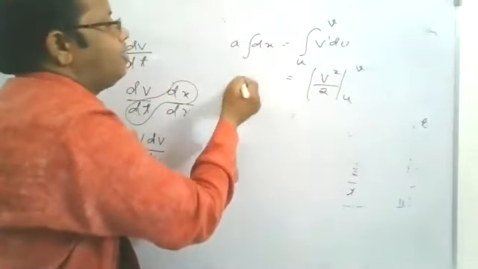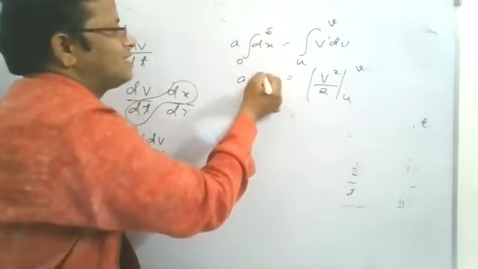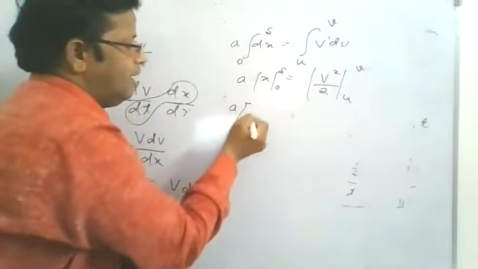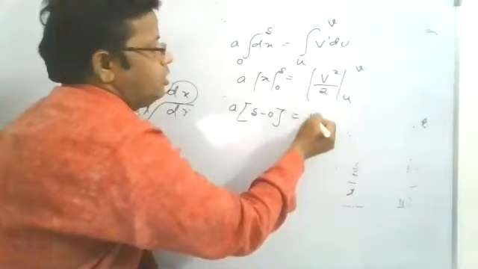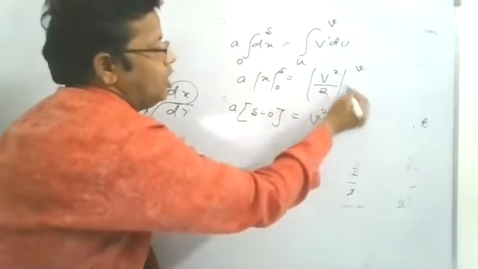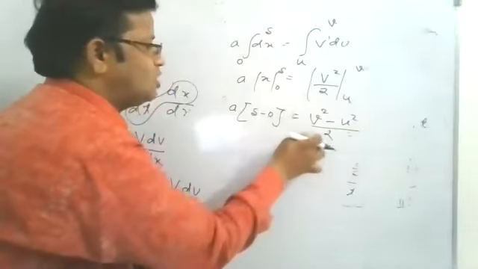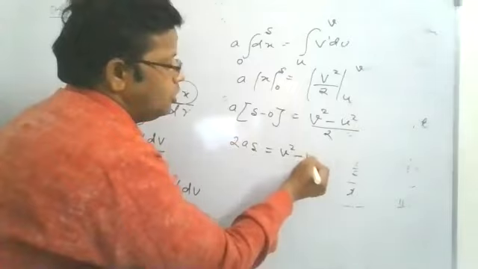What is the integration of dx? x, 0 to s, total distance x, 0 to s, put upper limit s minus lower limit 0. First upper limit small v square minus then lower limit u square by 2. s minus 0, s, as, 2as is equals to v square minus u square.